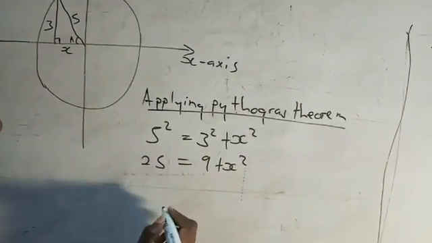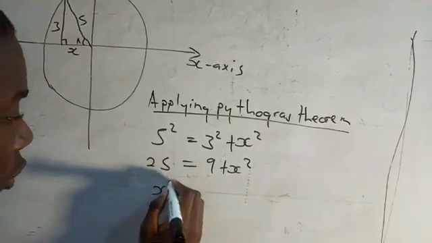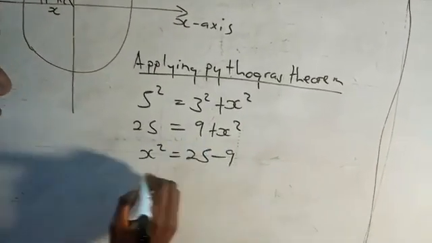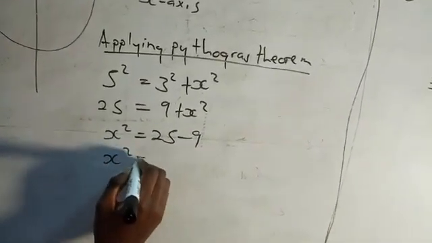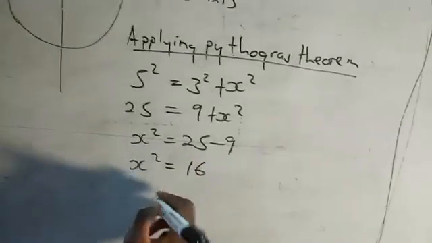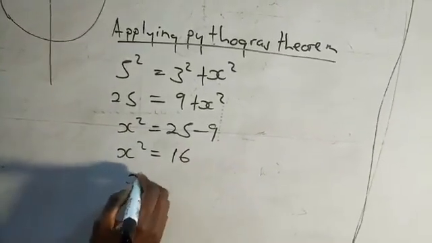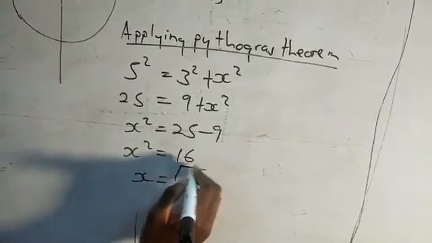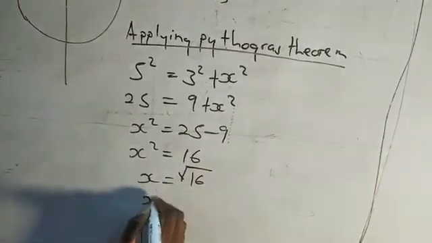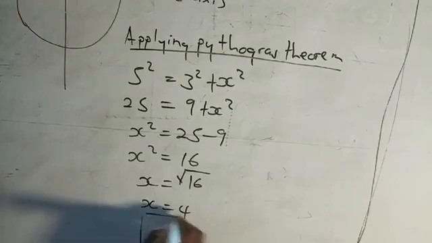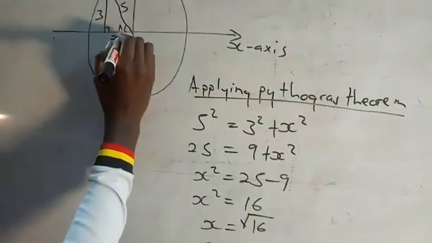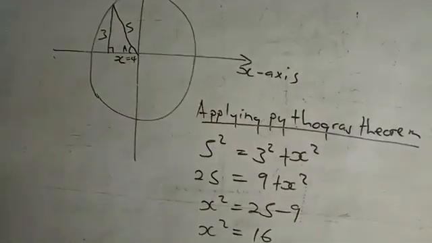To get x alone, x squared equals 25 minus 9, x squared equals 16. Getting x alone, we take the square root of 16, becoming x equal to 4. So our x is equal to 4.